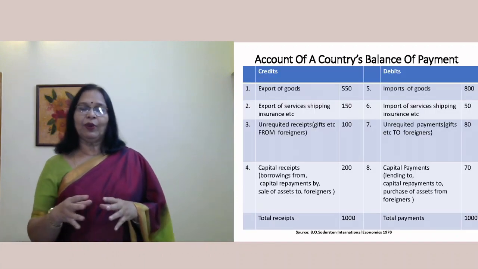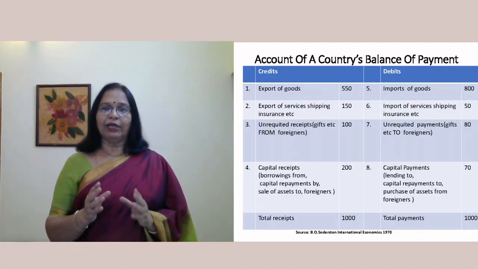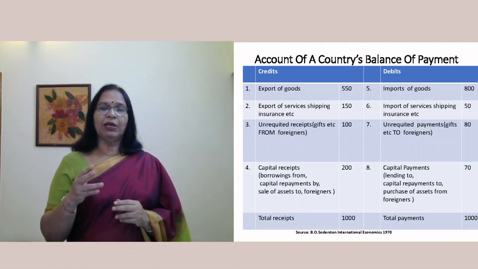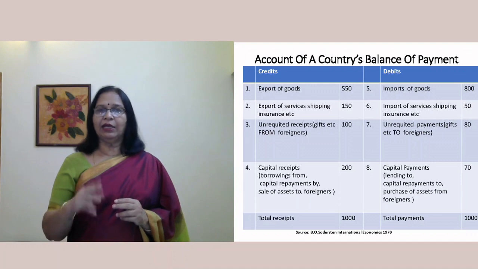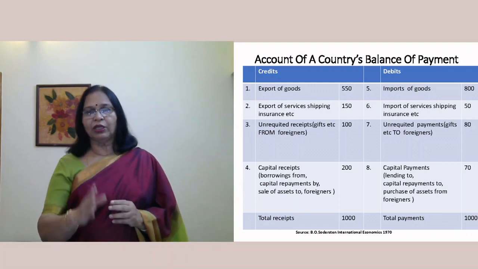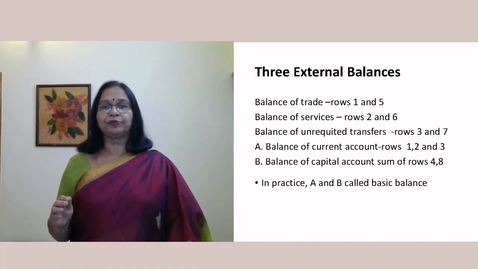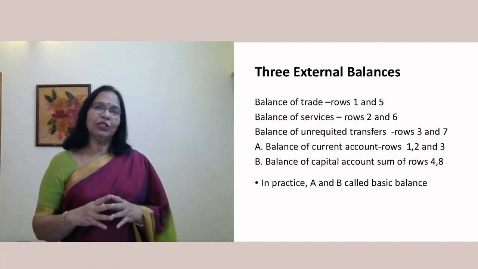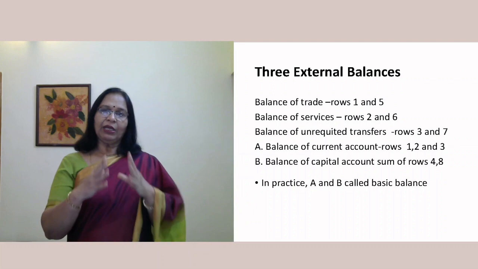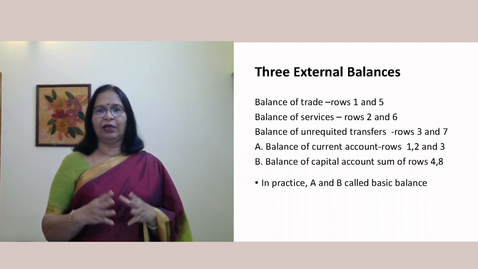So now ultimately we get the four items: the export visible item, the invisible item, unrequited payments, and the capital accounts. This is on the credit side, and the same thing is represented on the debit side. So when a balance of payment is prepared, there are three balances that are understood.